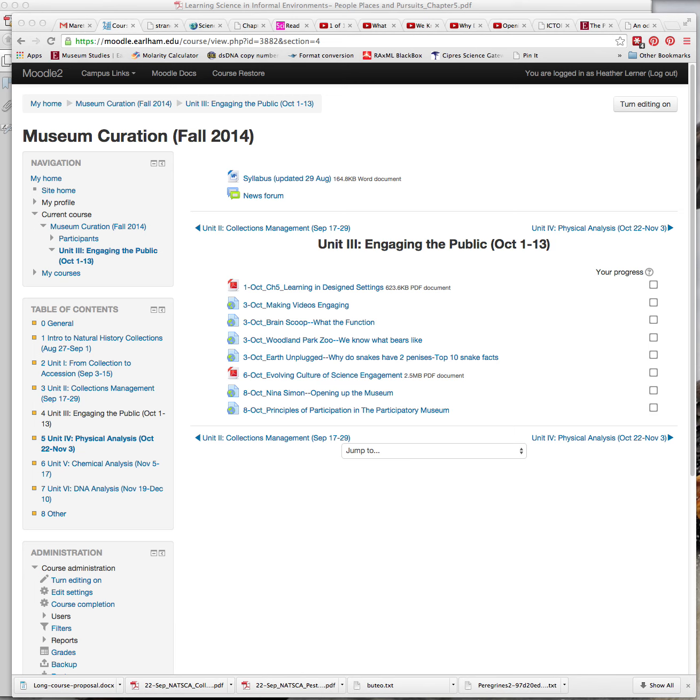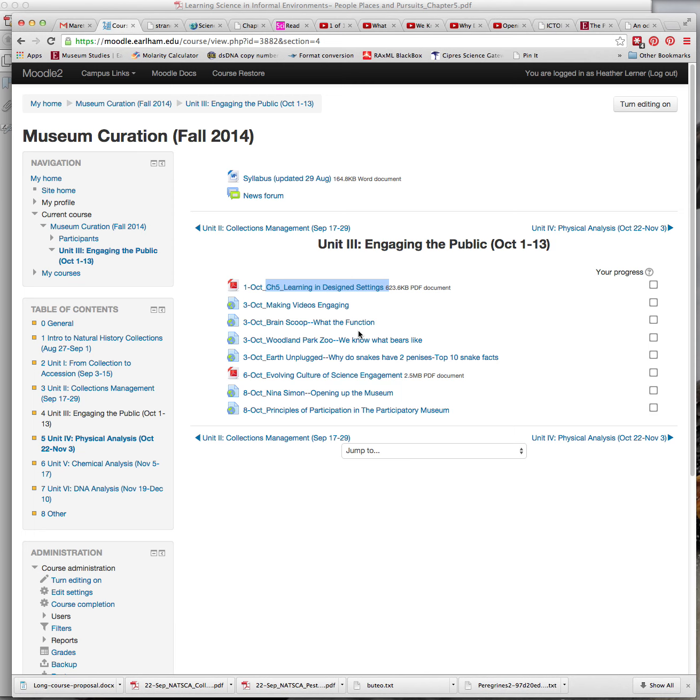We start with this reading, you can see it here, Chapter 5, Learning in Designed Settings, because it brings several important issues to the forefront. First, it goes over the difference between formal and informal settings for learning. That is, museums, nature centers, science centers, etc. They're informal settings, or more precisely, they are designed settings.